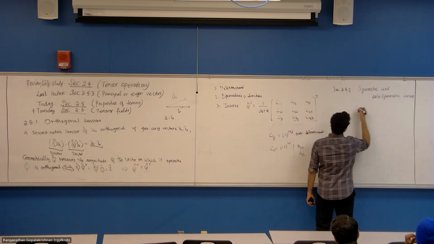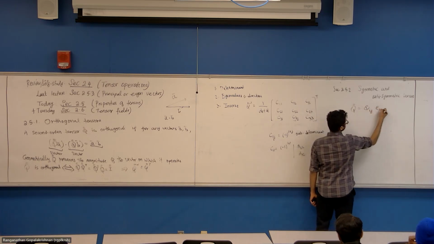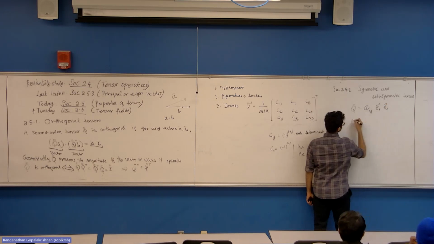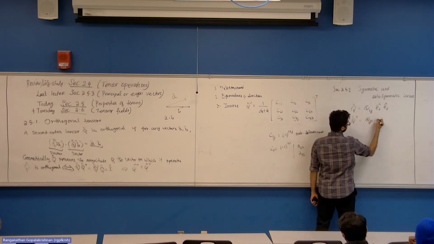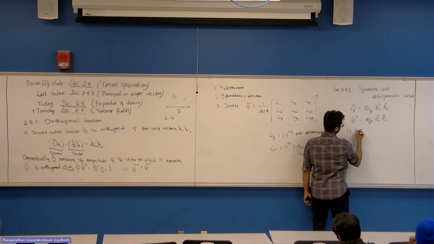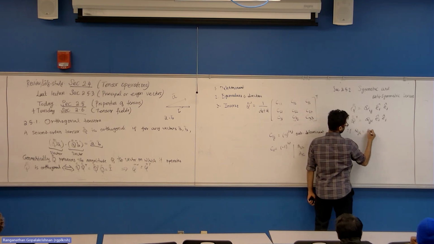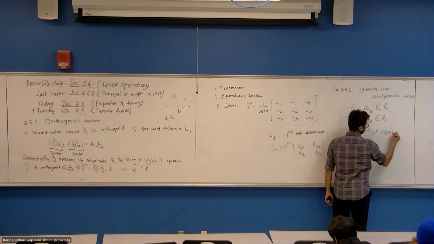So if you have Q, you can write it Qij ei ej. Q transpose is Qji ei ej. If Qji equal to Qij, this would make it a symmetric tensor.